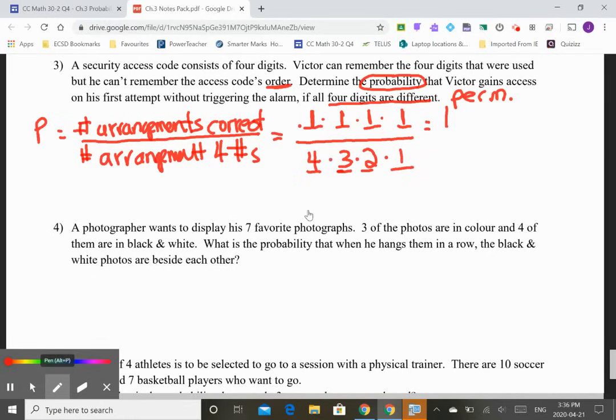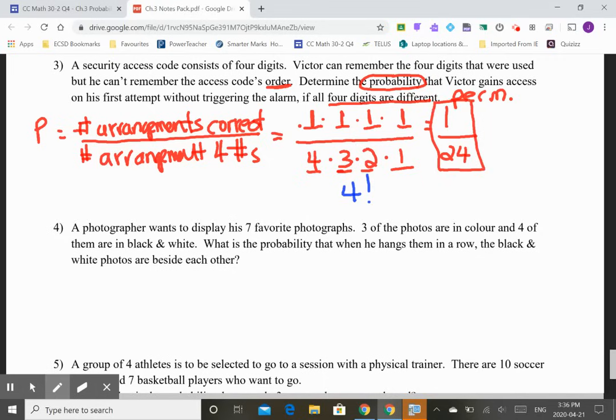You may have also just thought in your head, well, I've got 4 different values and I'm arranging all of them. That would be equal to 4 factorial, and you definitely could do that as well. No matter which way you do it, that denominator is always going to give you that same number, and that's going to be 24. So your probability that Victor gains access on his first attempt is 1 out of 24. 1 correct code out of 24 possible codes.